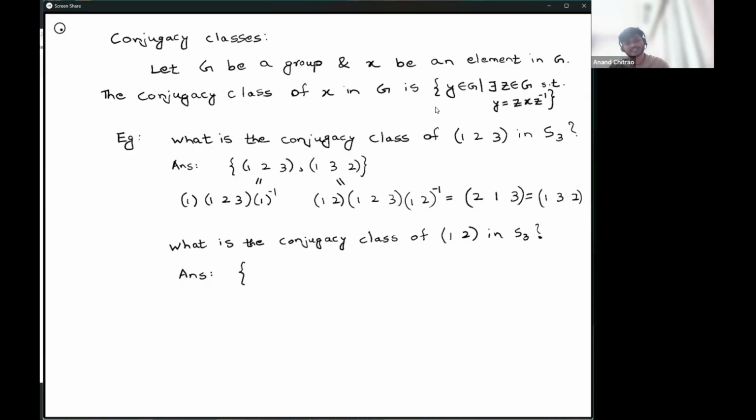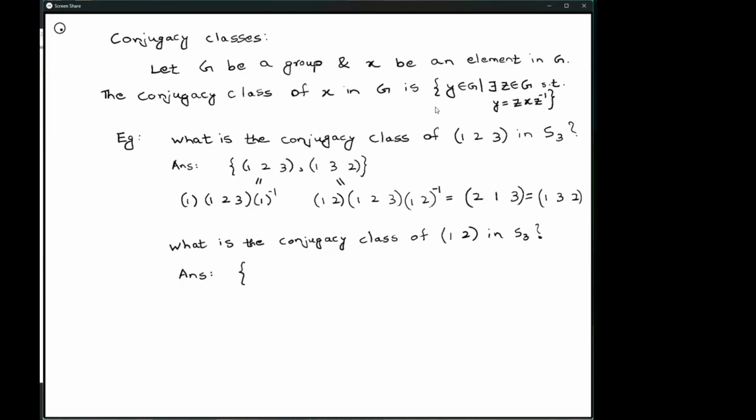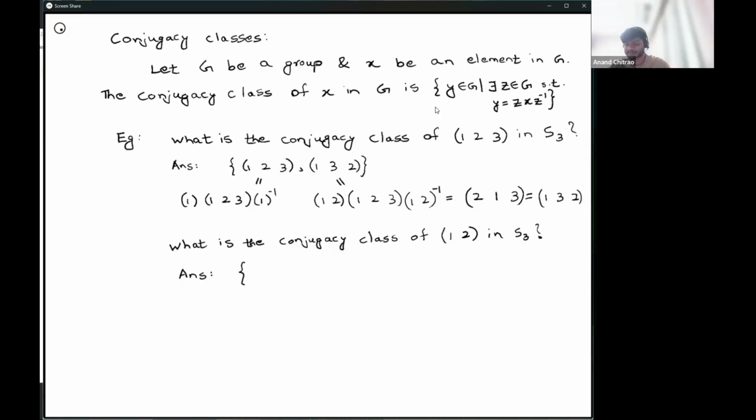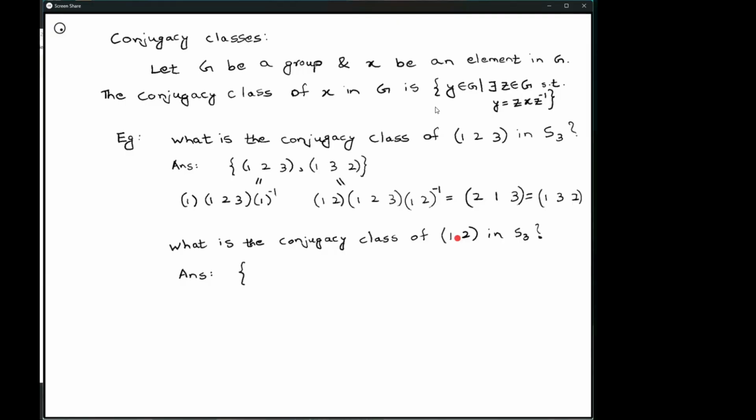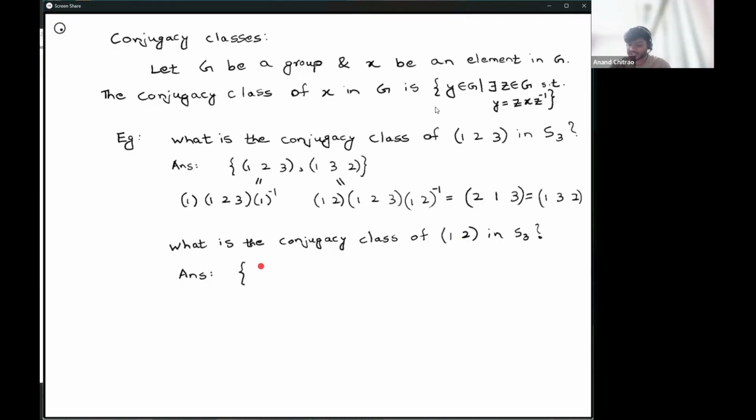Can somebody tell me a few elements of the conjugacy class? What's the obvious element inside the conjugacy class? The identity? The identity is not an element of the conjugacy class of (1 2).